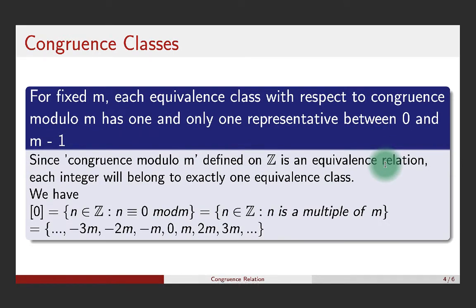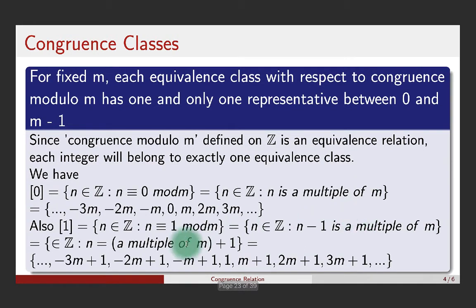For example, class of 0 will be the collection of all integers which are related to 0, that is, the collection of all integers which are congruent to 0 modulo m, or in other words, this will be the collection of all multiples of m. Similarly, class of 1 will be the collection of all integers which are congruent to 1 modulo m, that is, the collection of integers of the form a multiple of m plus 1.